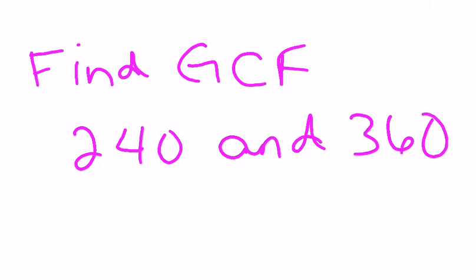Now, one of the ways that we can find the GCF, which is the greatest common factor, is we can list all of the factors for 240 and list all of the factors of 360 and then figure out which is the biggest one. But seeing as how these are big numbers, we want to have some sort of strategy that might help us to do things a little bit easier. So you're going to use prime factorization. And again, we're looking for the biggest number that goes into both.